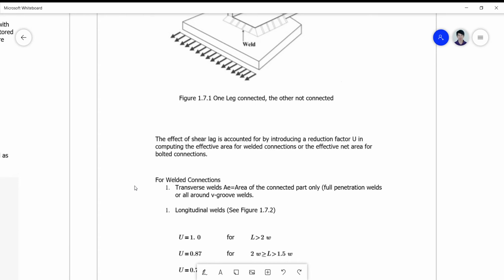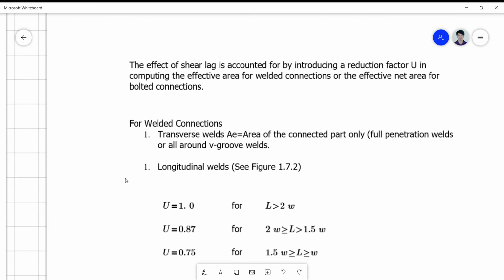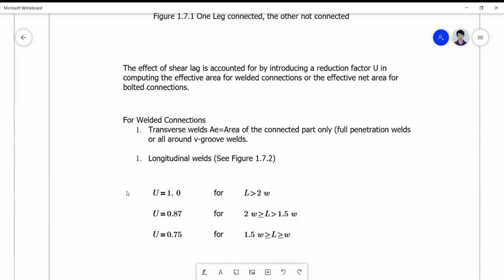The first one is the welded connection, and the second one is the bolted connection. So for the welded connections, we have two types of welds involved. Okay, so the first type of welded connection is a transverse weld, and the other one is a longitudinal weld.